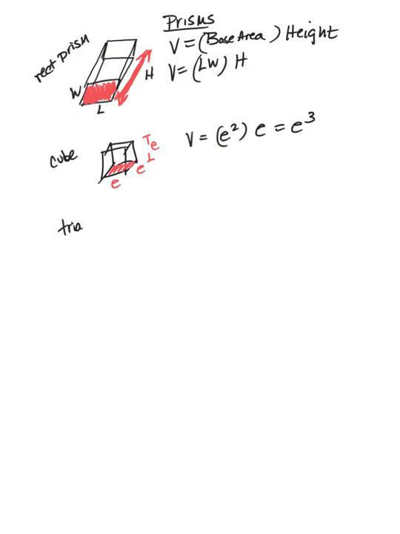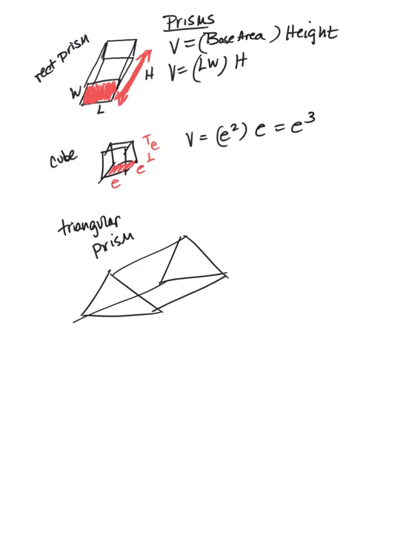Then we have the triangular prism. So all right, and just get rid of that little extra piece. So in order to get the volume, we would get the area of the base. Here's the area of the base.